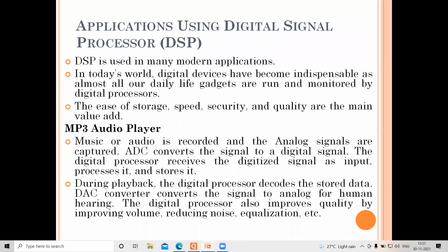Therefore, it's important that the data that's being stored is converted back. Then the digital processor will improve the quality by improving the volume, reducing noise, and also employing equalization.